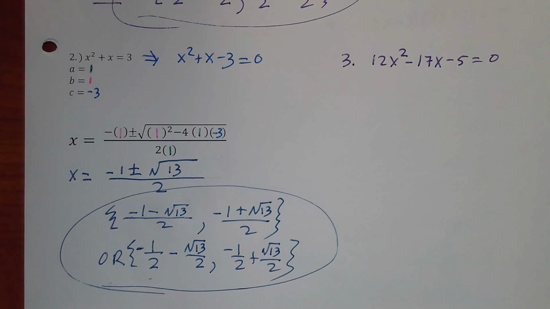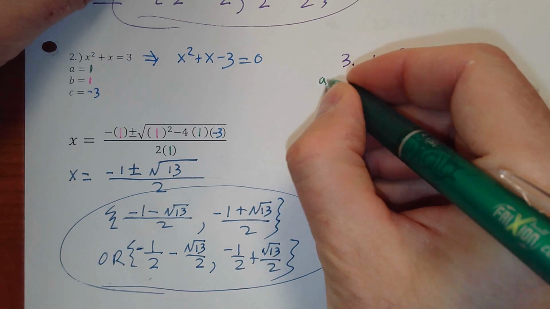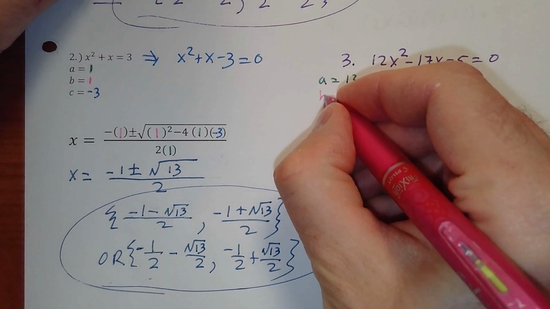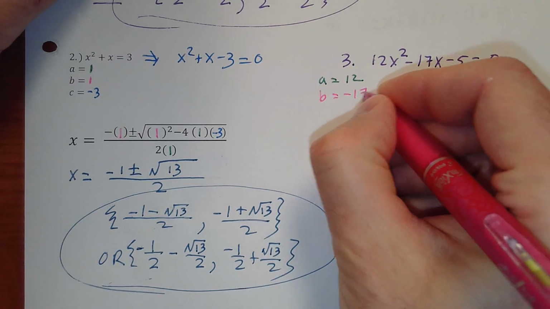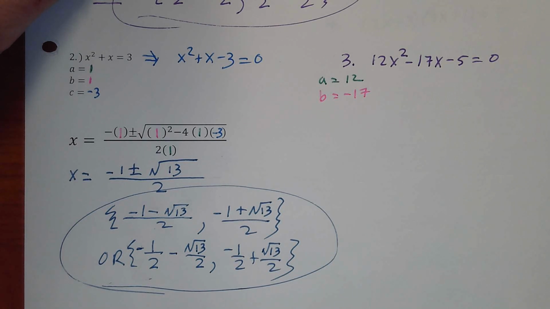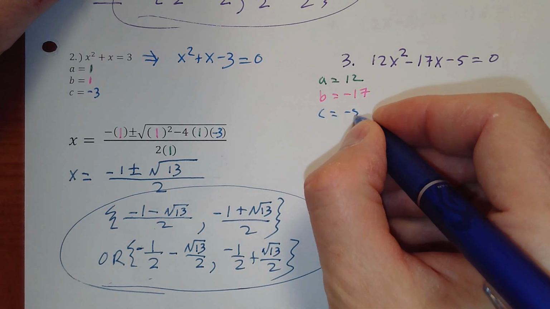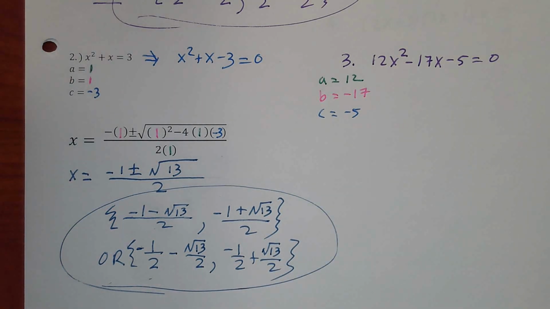So here I'm going to identify my a. My a is 12. I'm going to identify my b, that is negative 17. And I'm going to identify my c, that's negative 5. And now I'm going to plug it into the quadratic formula.